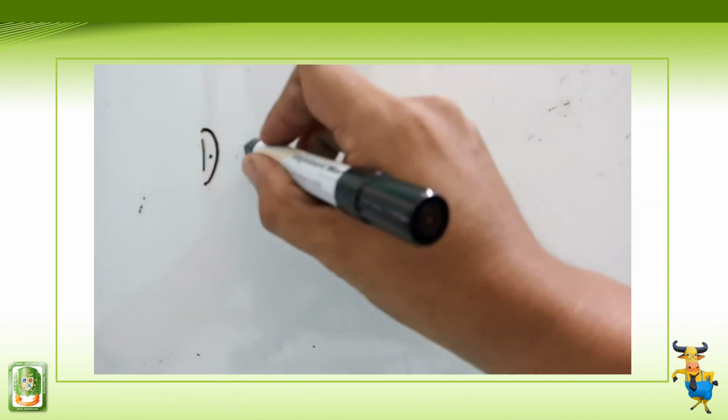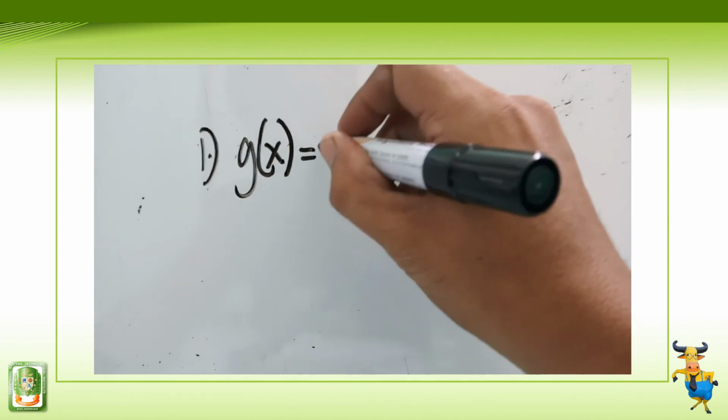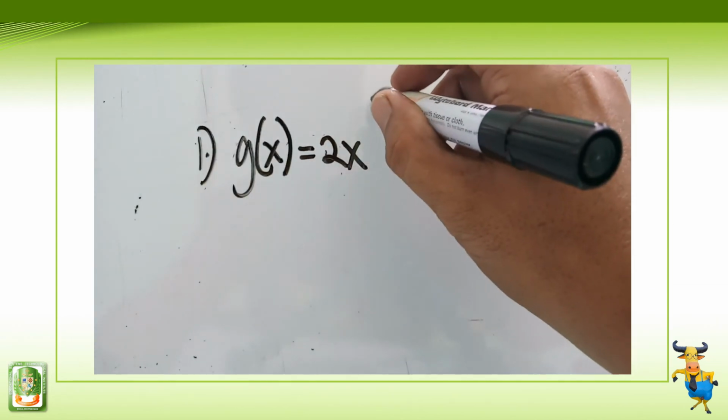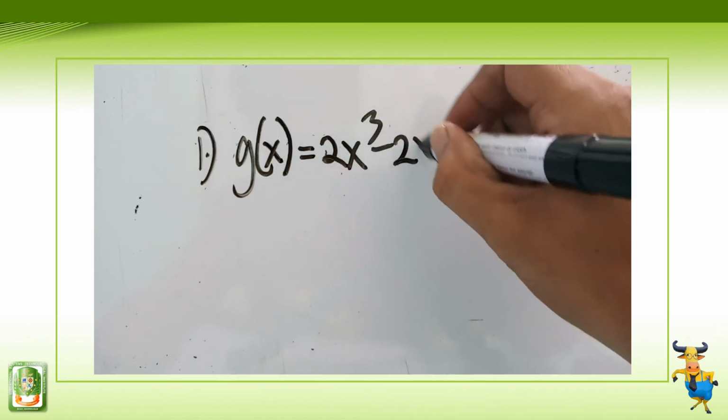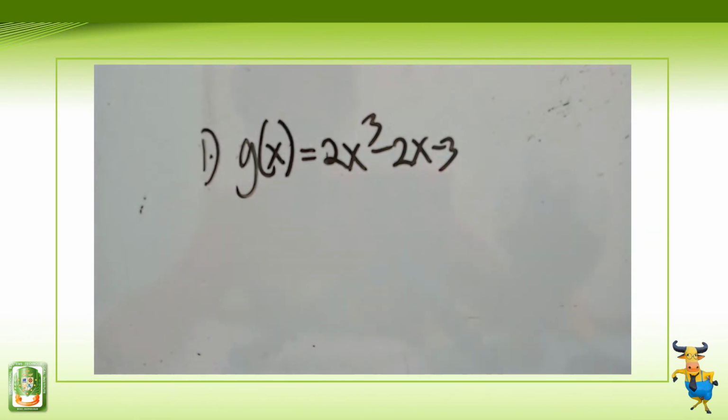If it is, classify it according to its degree. Okay? So, number one. The g of x is equal to 2x raised to 3 minus 2x minus 3. Is the given a polynomial function? Yes or no?